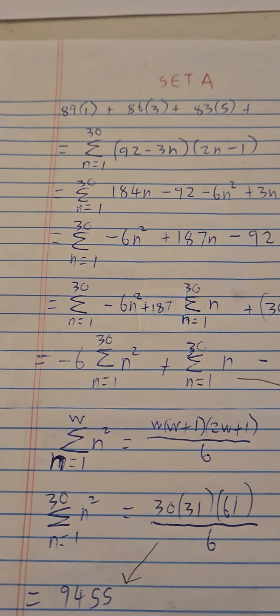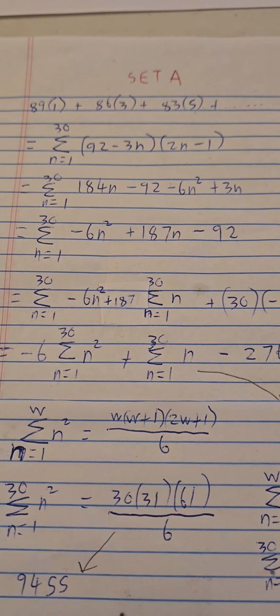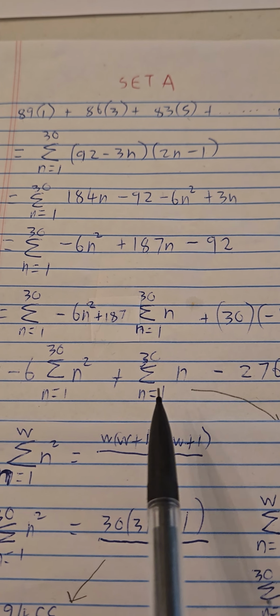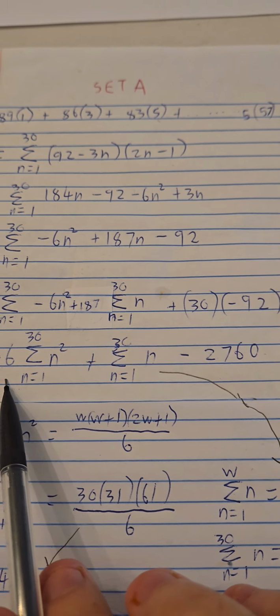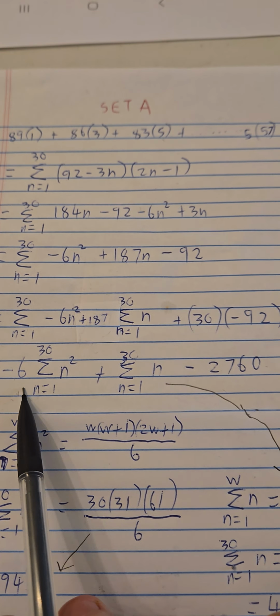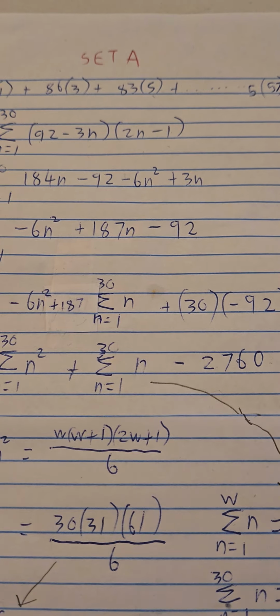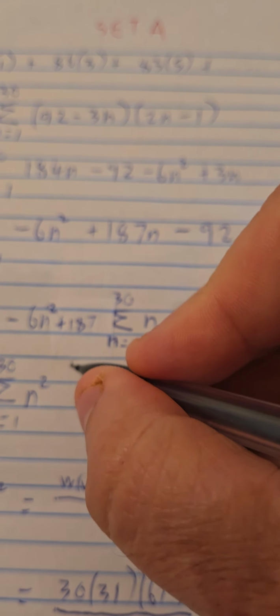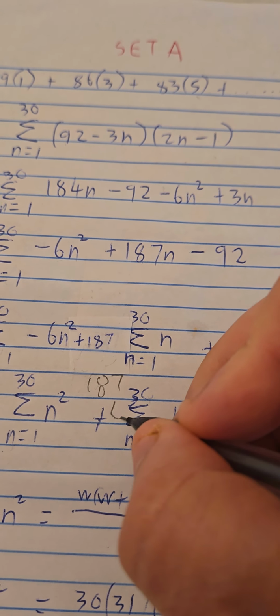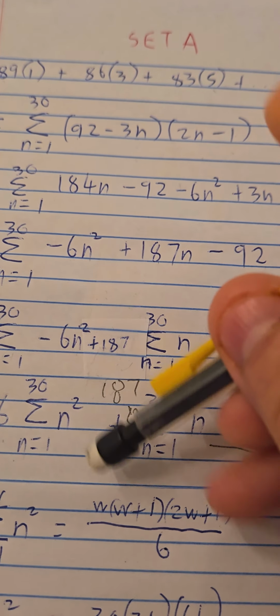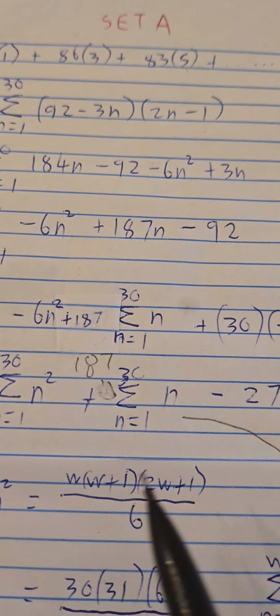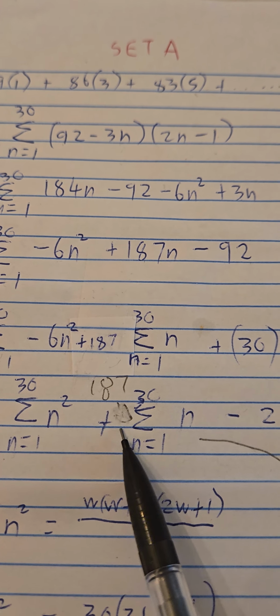But anyway, I happen to take out this minus 6 over here. And I happen to forget to write in the 187 over here. So I'm writing it in. There should be a 187 written in here.